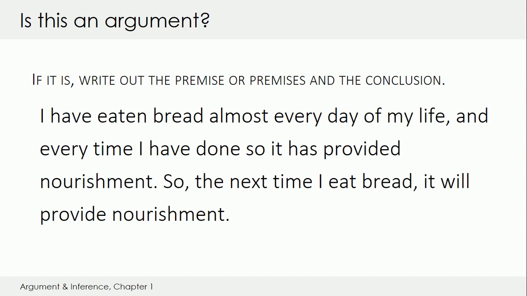All right. Let's look at this. Is this an argument? If it is, write out the premise or premises and conclusion. I have eaten bread almost every day of my life, and every time I've done so, it has provided nourishment. So the next time I eat bread, it will provide nourishment. All right, do we have any indicator words here? Remember that from 1.1.